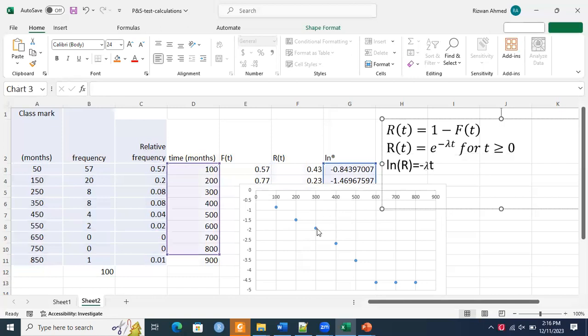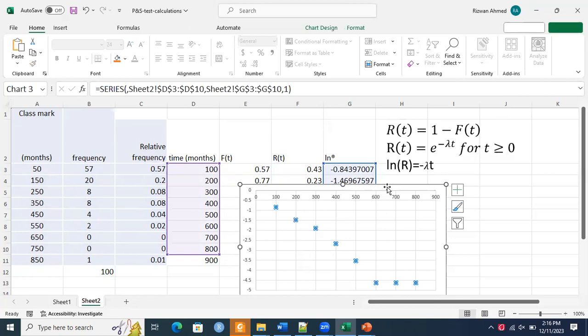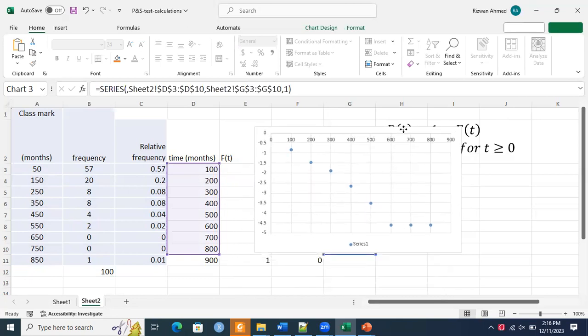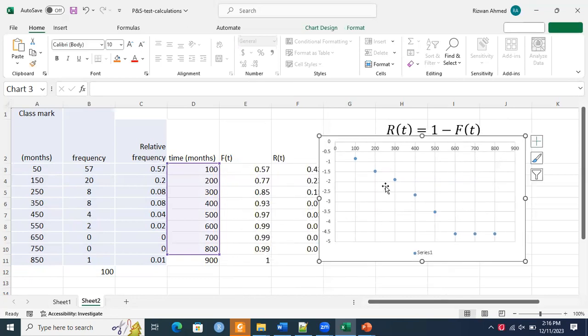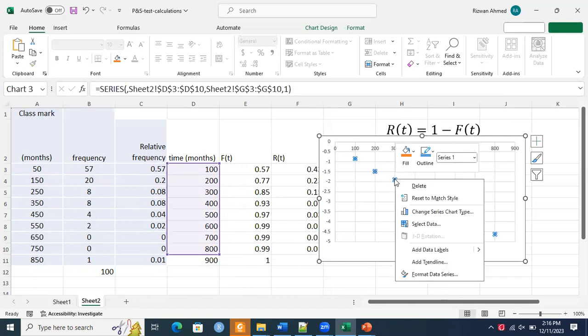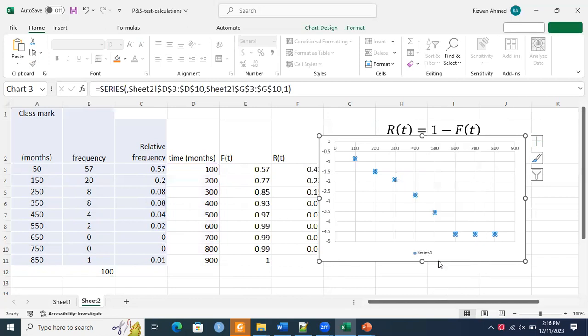If you apply the regression, I can do that right here. If you do the regression between log of r and time, in Microsoft Excel you can add a trend line.